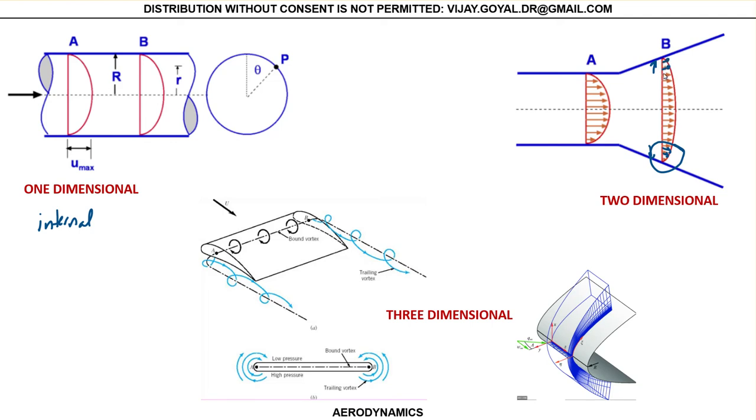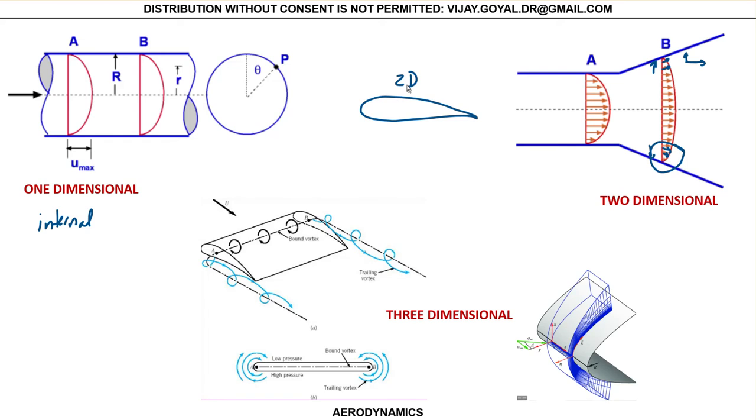Because the arrows are no longer horizontal, they're going to have two components, a vertical component and a horizontal component. And this will be the case of the airfoil. If I have an airfoil, you can expect the airflow here will be 2D, two-dimensional.